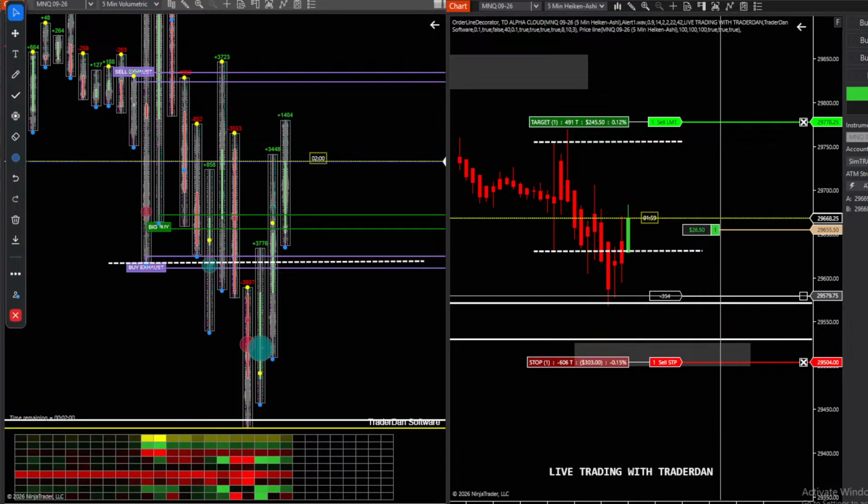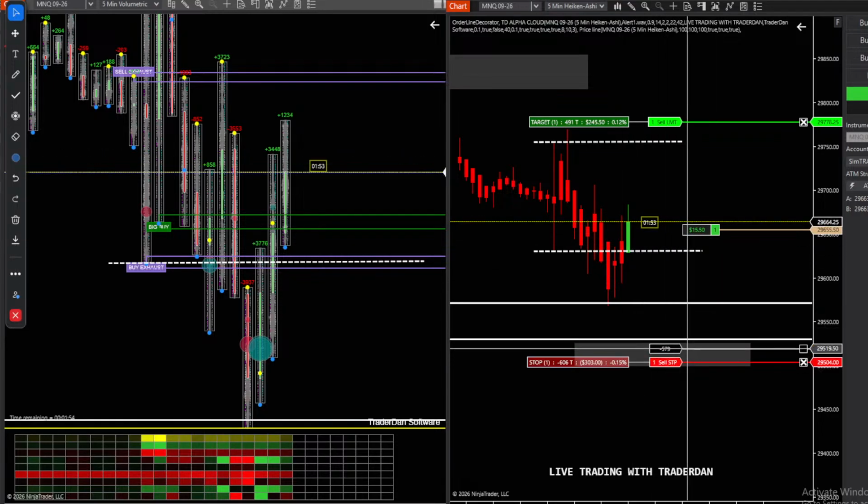So far, the contract showed an inversion here, but it could drop back down, guys. It can easily come right back down.